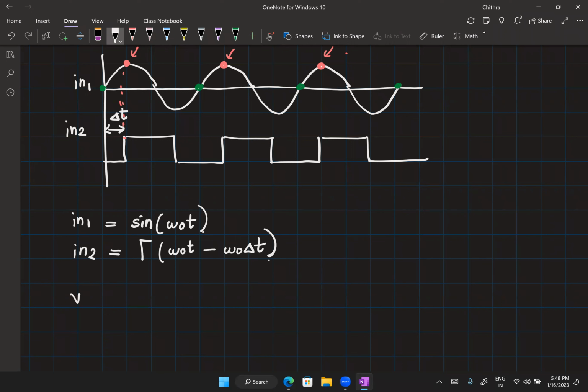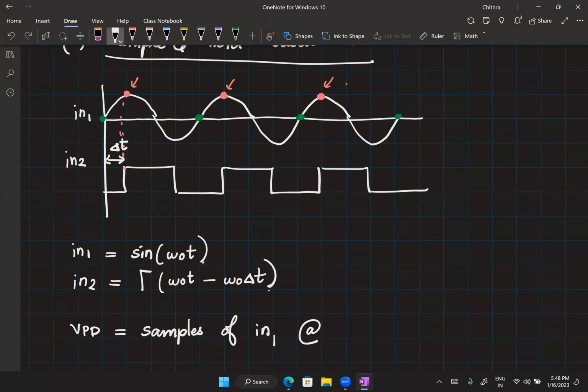So now my VPD will be samples of in1, right? At what point am I sampling? So let's look at it. If this is delta t, what point am I getting the first sample? At time t equal to delta t, right? I'll write the full expression in a minute.